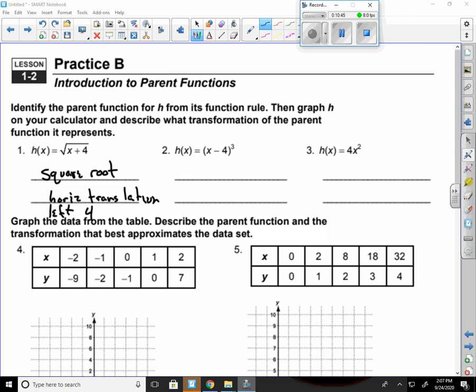This one is a cubic, just x to the third. This is a horizontal translation. Move to the right 4.